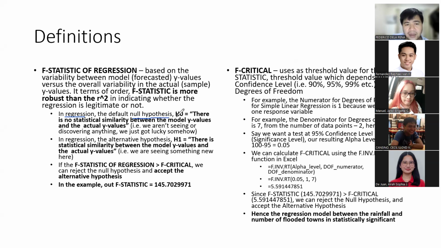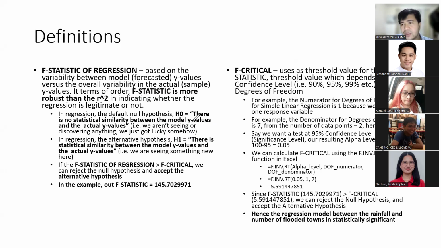The default null hypothesis in regression, or the H naught, is that there is no statistical similarity between the model Y values, like the regression Y values, and the actual Y values. So the null hypothesis simply states that our model is not the same as our measured Y values.